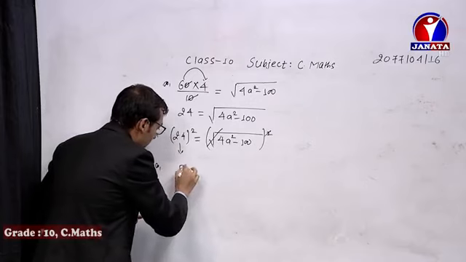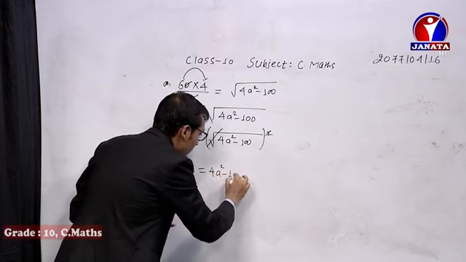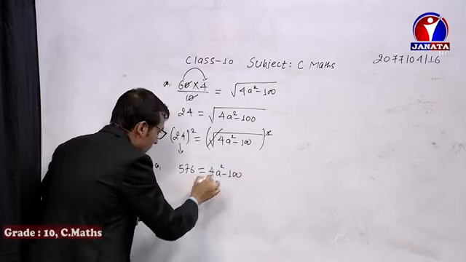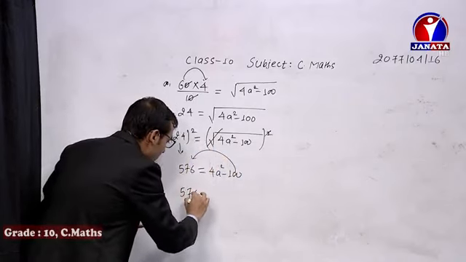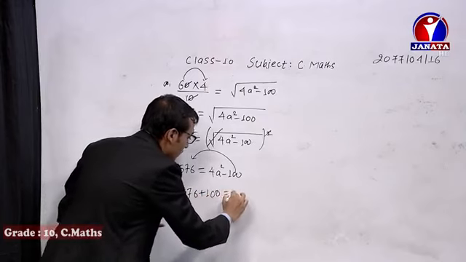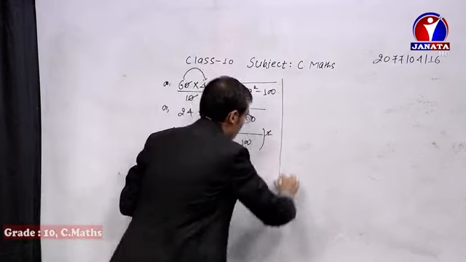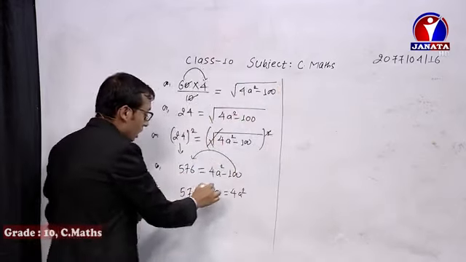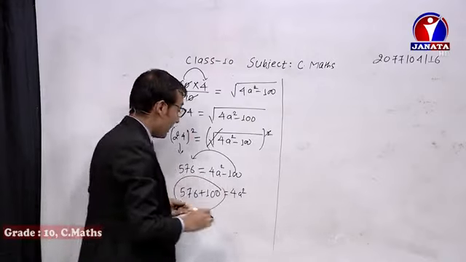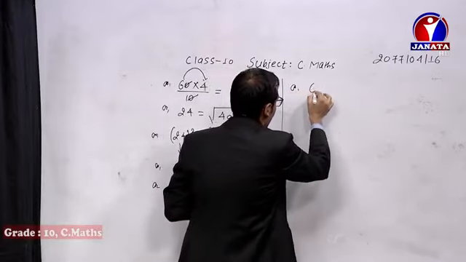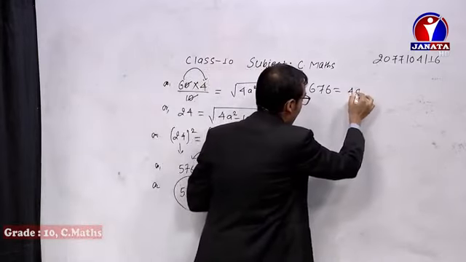It's 576, equal to 4a square minus 100. Let's take negative 100 to the left hand side. 576 plus 100 is equal to 4a square, or 676 is equal to 4 times a square.